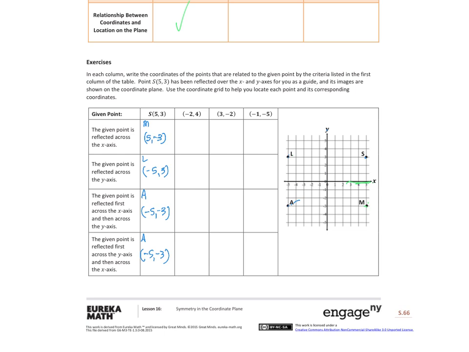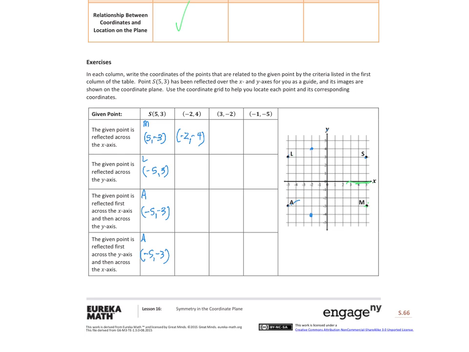So the next one says go over negative 2 and go up 4. Well, negative 2, 4, that's the point that they've given me. So if I take that and reflect across the x-axis, I'm going to end up with a point down here. So I'll write in negative 2, negative 4.